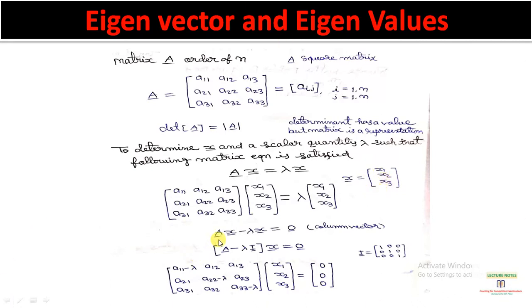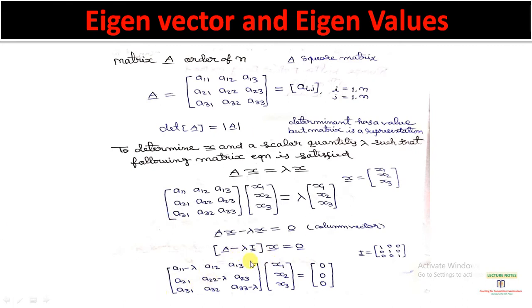So A times the column vector x minus lambda times the column vector x equals 0. Since the column vector x is common, what remains is the square matrix A minus lambda times I, the identity matrix, equals 0. Lambda is subtracted diagonally.